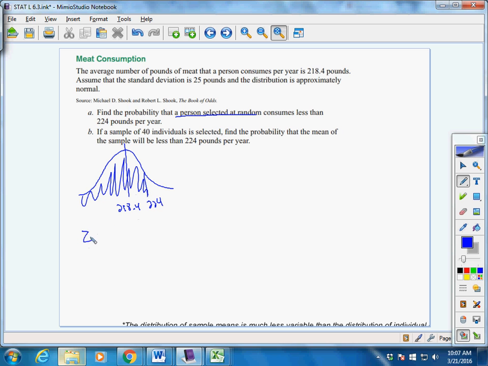For our z-value formula, we take the mean minus our population mean divided by our standard deviation. So it's 224 minus 218.4, and then divided by our standard deviation of 25.